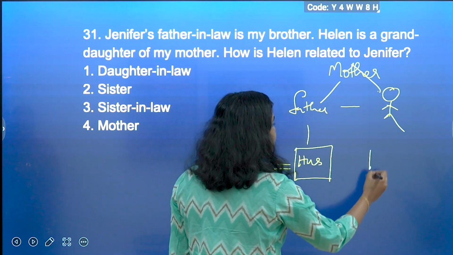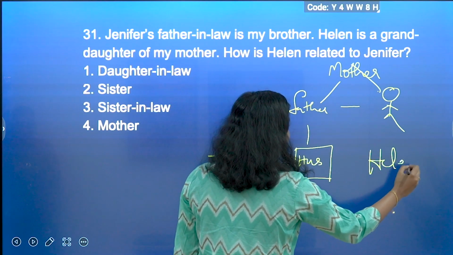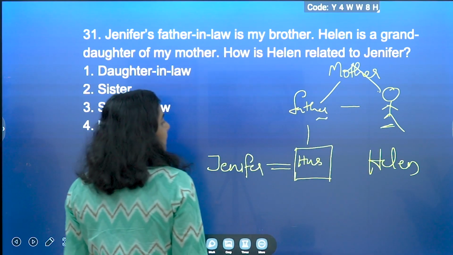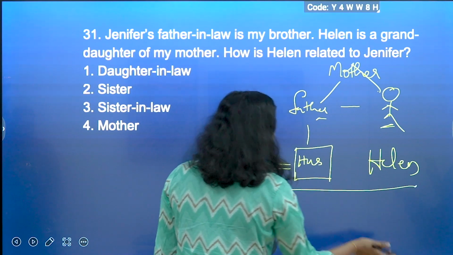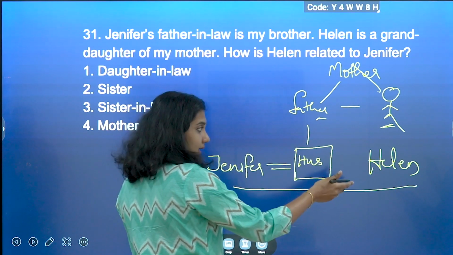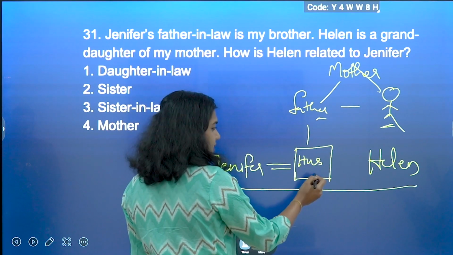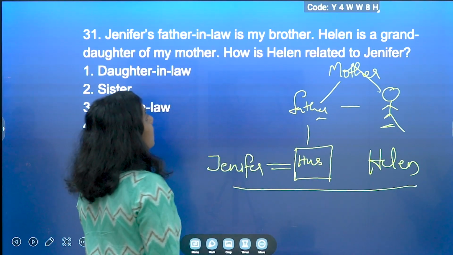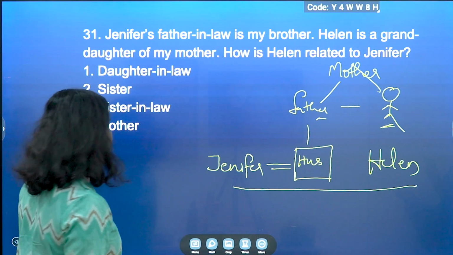So Helen is in this generation. We don't know whether Helen is the daughter of this man or this father. Anyway, Helen is in this generation. So Helen will be either the direct sister of Jenifer's husband or his cousin sister, right? So you have to find the relation between Helen and Jenifer.